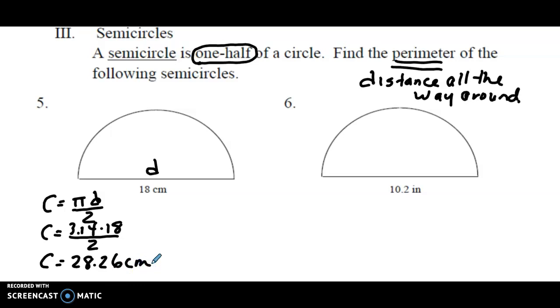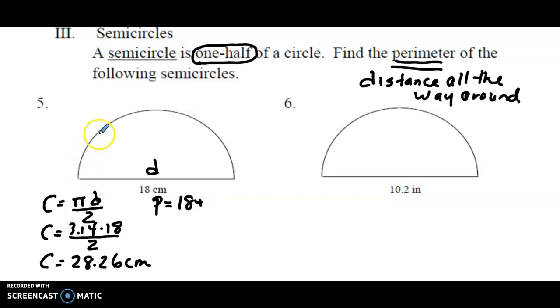Now that doesn't answer the question because the question wants us to find the perimeter, and you remember when you find perimeter, you add up all the sides. So we're going to write P equals, and we're going to add up our sides. The first side that we have is this flat side, which is the diameter, so that would be 18.